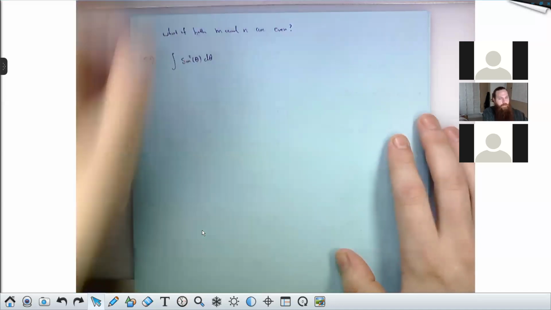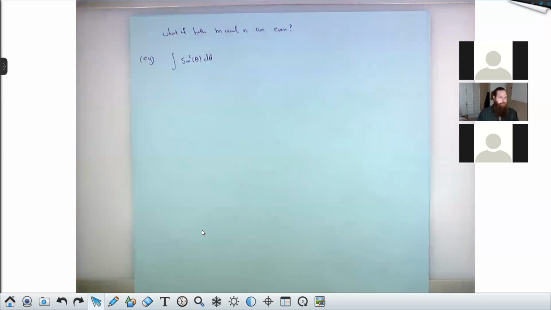Here's a real simple example. Here the power of sine is 2, and the power of cosine is 0. 0 is even. So this does fall into this category.